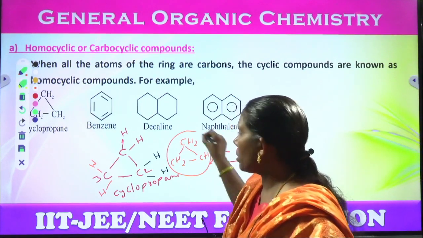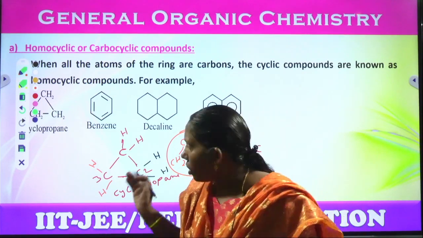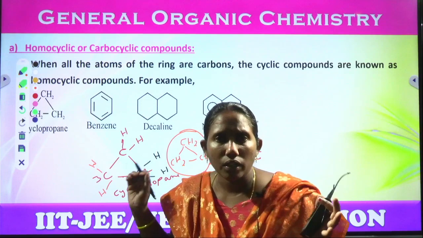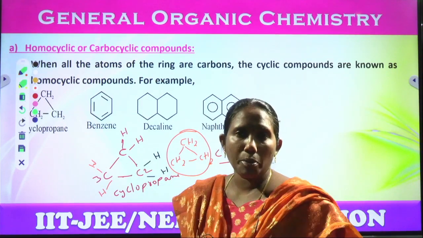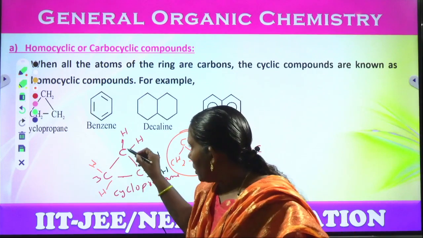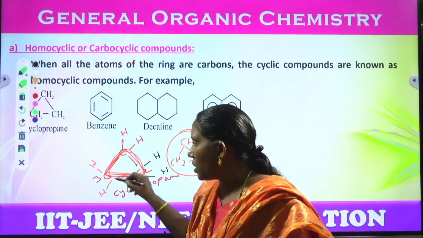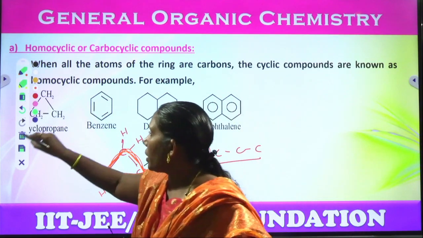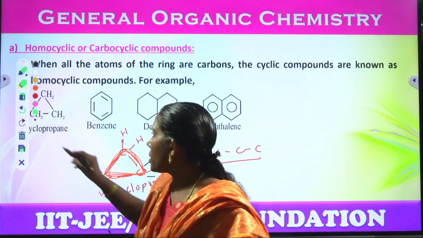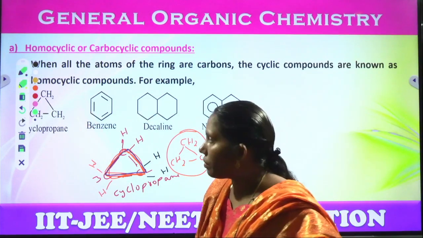This is nothing but cyclopropane. Cyclic ring, all carbon chain only, no other atom. Hydrocarbons means carbon and hydrogen only will be present, and this chain is only the carbon chain, no other. That's why these are called homocyclic compounds, or carbocyclic, we can say.